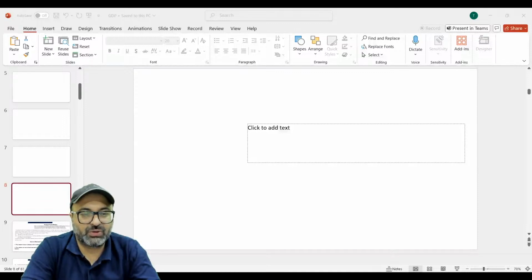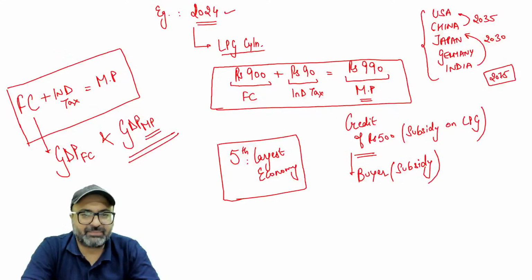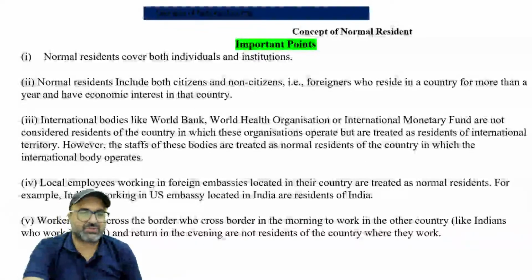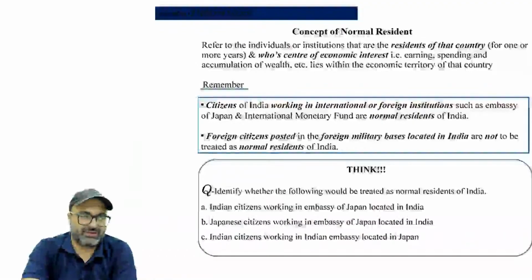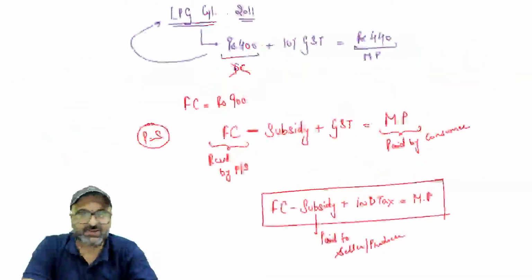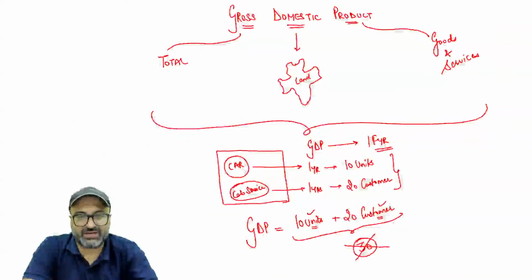If you want to understand the term GDP, remember GDP is a very important concept, as we have discussed today, and there are many more important things which we will be discussing in the upcoming sessions. I'm pretty sure you have understood the concept related to GDP.